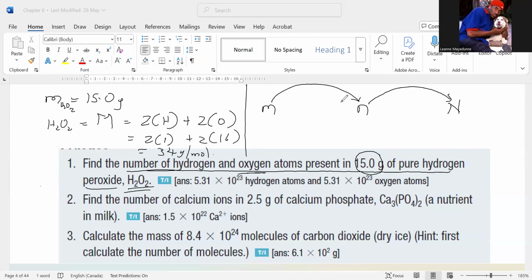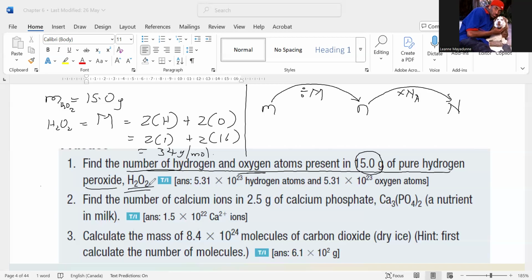How do we convert mass to moles? By dividing it with molar mass. And once we get the number of moles, we multiply it by Avogadro's number. So we get the number of entities.